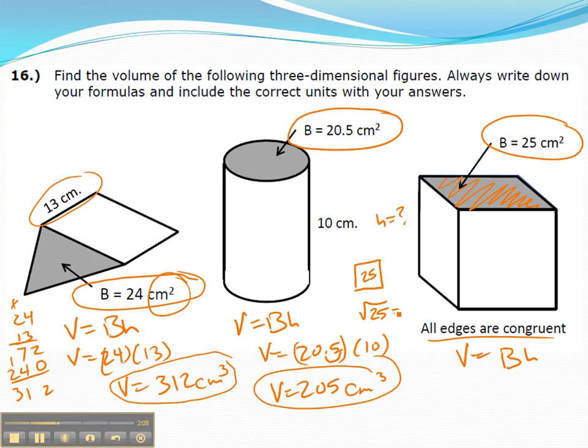The square root of 25 means what number times itself will give me 25, and that's 5. 5 by 5, so all edges are 5 centimeters. So volume equals area of the base, 25, times the height, 5, distance between the square bases, and 25 times 5 is 125 centimeters cubed.